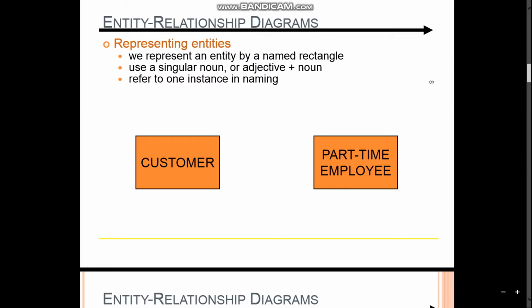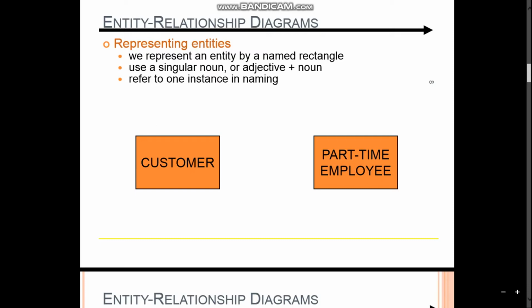Representing entities. Entities are represented by a rectangle shape with the name of the entity.